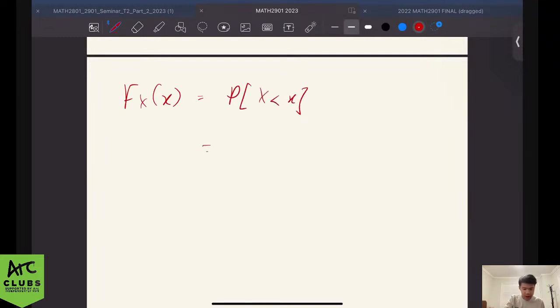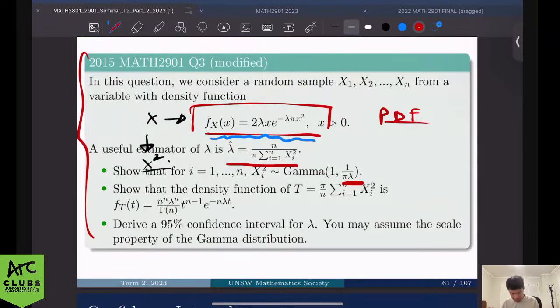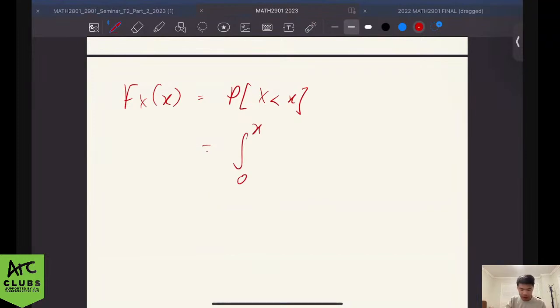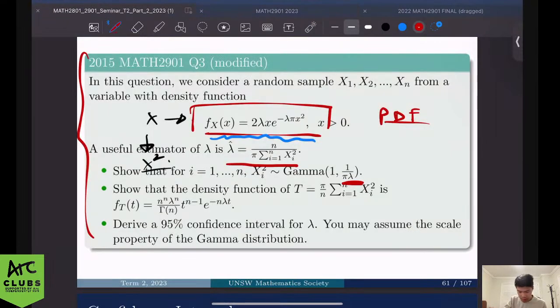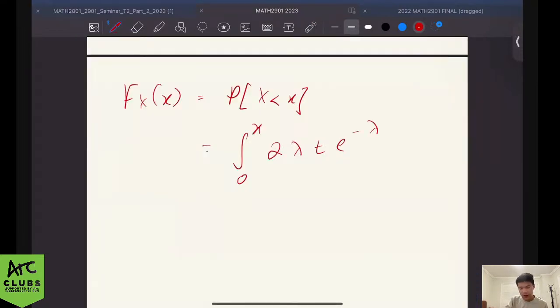Probability of X being less than x. So you just want to integrate from 0 to x of this formula, 2 lambda t e to the minus lambda pi t squared.